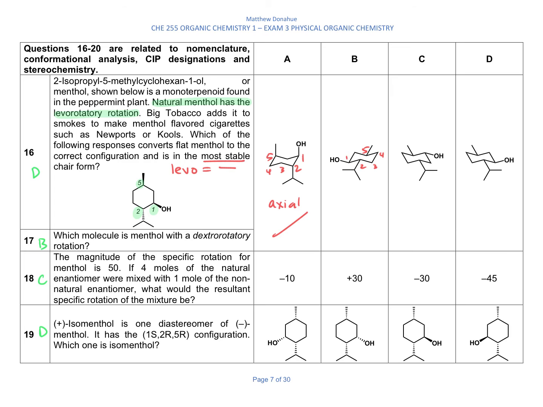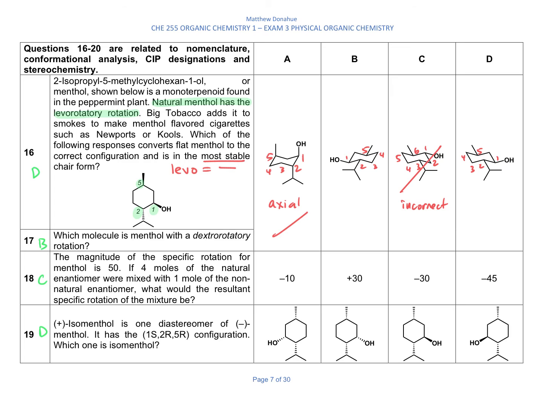We don't want to eliminate anything just yet. 1, 2, 3. Uh-oh, the isopropyl's at 3, 4, 5, 6. So this has incorrect relationship amongst the substituents. What about D? 1, 2, 3, 4, 5. Yep, that looks pretty good. So B and D are now what we're determining between.